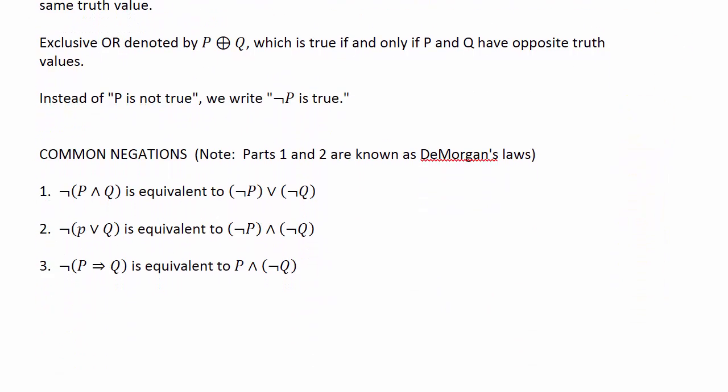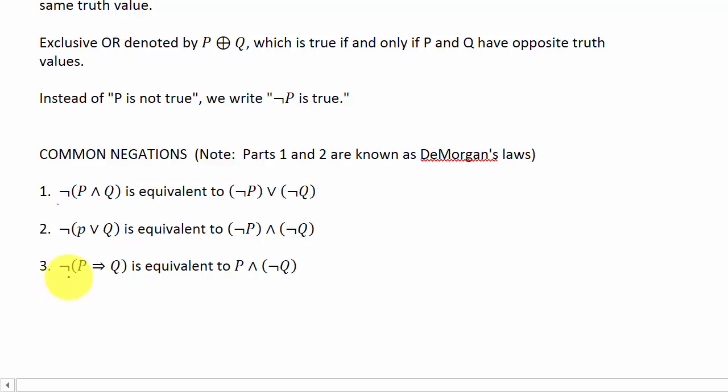Now let's look at some common negations. All right, so here we have not (P and Q) is equivalent to not P or not Q. And then not (P or Q) is equivalent to not P and not Q. And right here I messed up a little bit. This should be a capital P instead of a lowercase p.